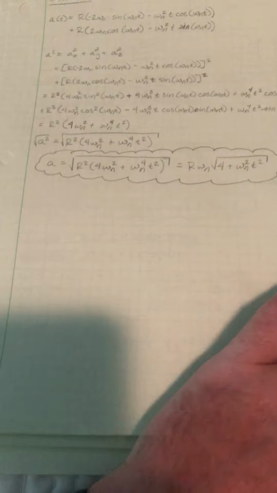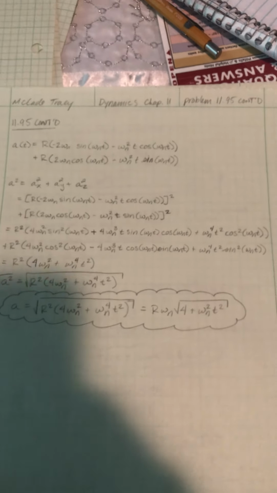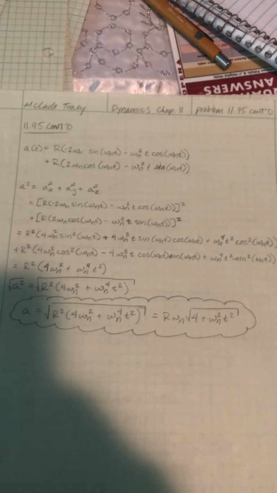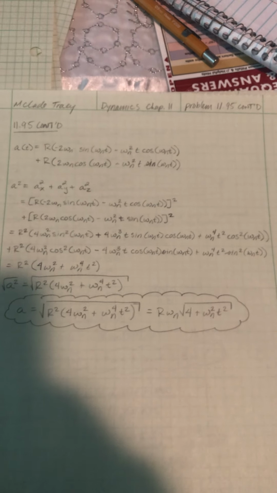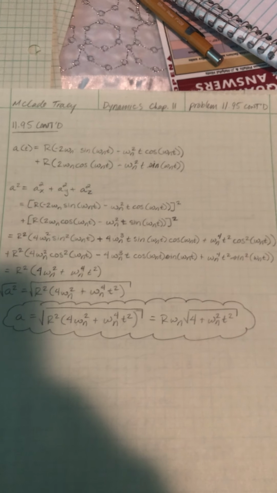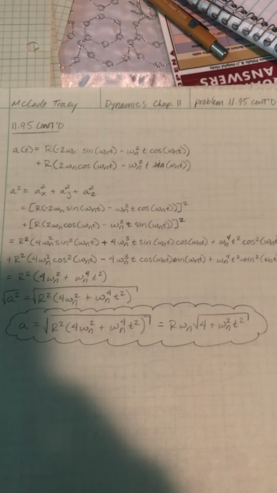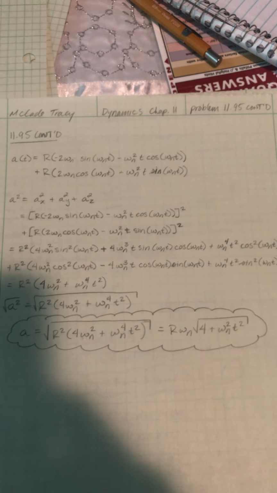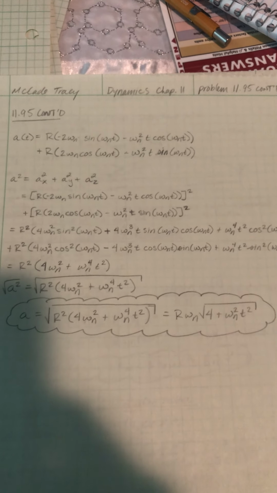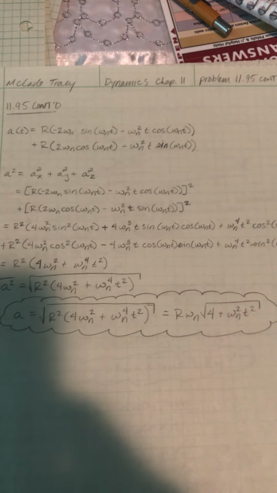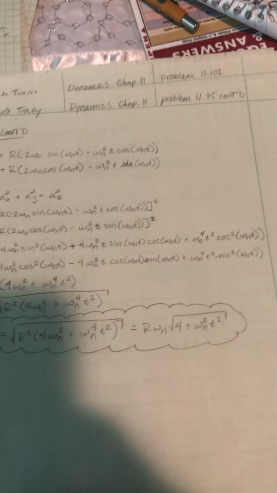And then using the acceleration function, we are able to find that our acceleration is equal to the square root of capital R squared times 4 omega n squared plus omega n to the fourth times t squared, or capital R omega n times the square root of 4 plus omega n squared times t squared.